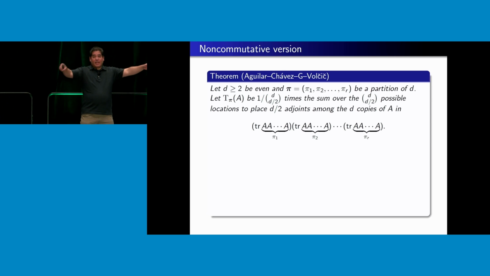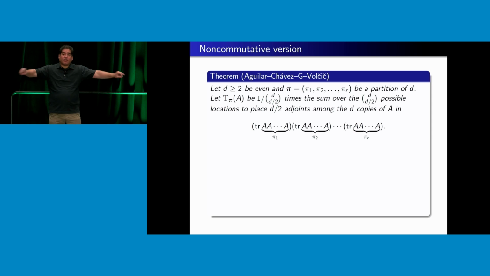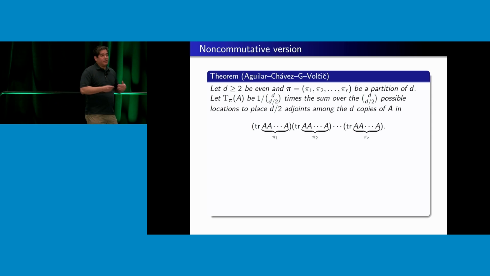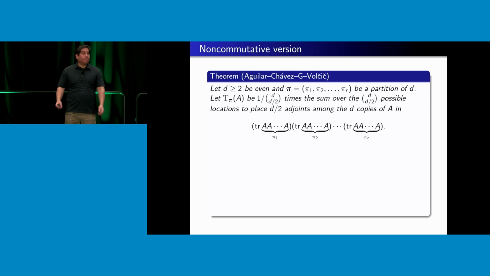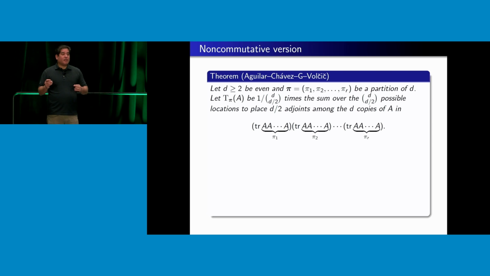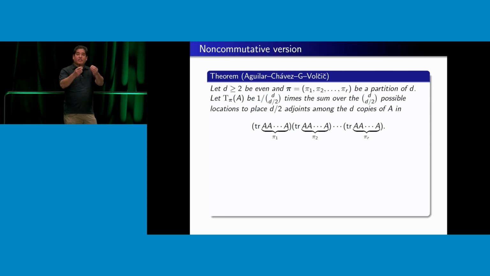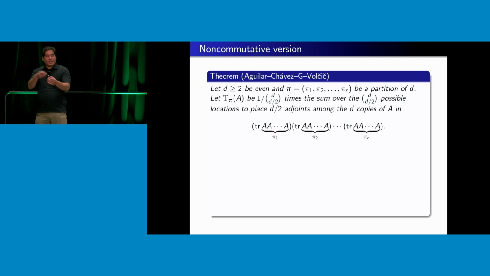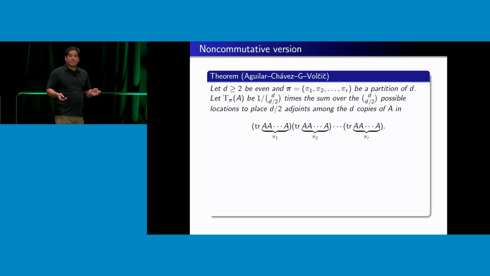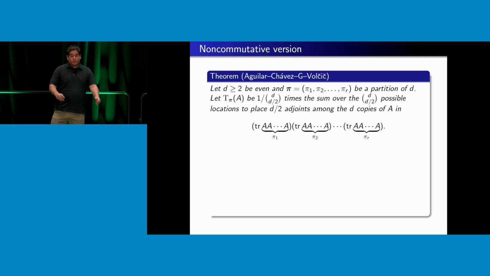And then what I can do is package all of those A's in various ways. I'm going to package them according to this partition. So I'm going to group pi 1 of those A's together, pi 2 of those A's together, and so forth. And then I'm going to take the trace of those packages. So that's how a partition is going to lead me to a product of traces of powers of some matrix A. Okay, it's not clear that this is going to do anything useful or that anyone should care about it, but trust me, it's going to be pretty useful.